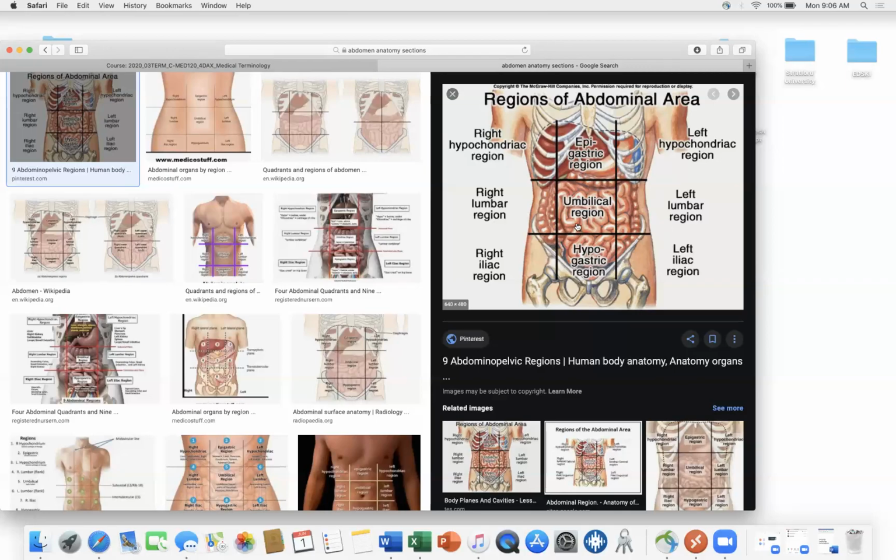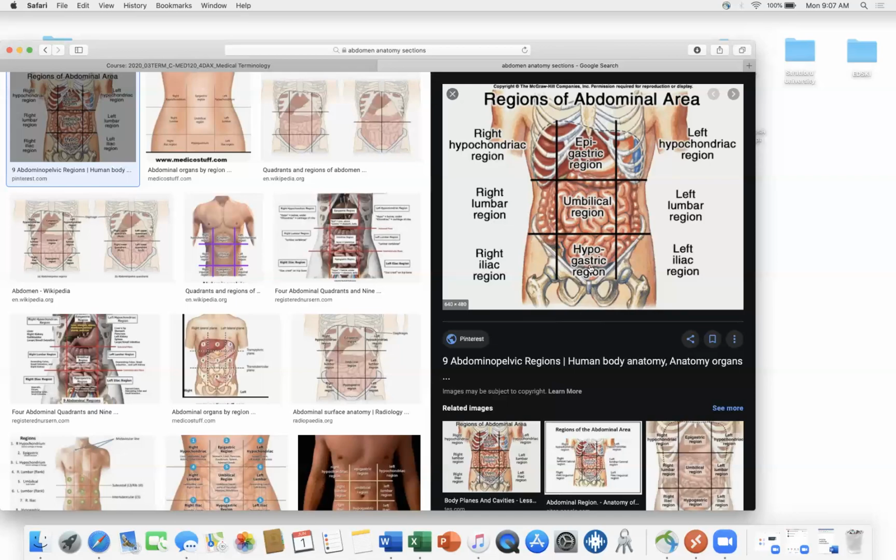If you look at the middle portion, we all have a belly button, or umbilicus, and the umbilical region, al, pertaining to the umbilicus, or when you were connected to mommy at one time, is right here in the middle. Right above it, epi is the prefix that means above. So the epigastric region is the region above the abdomen.